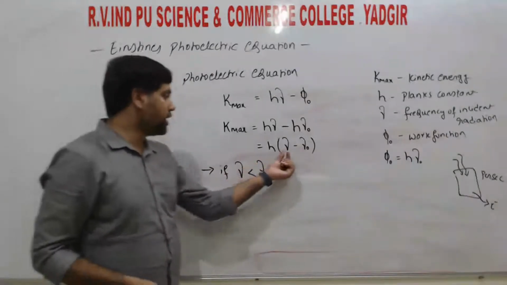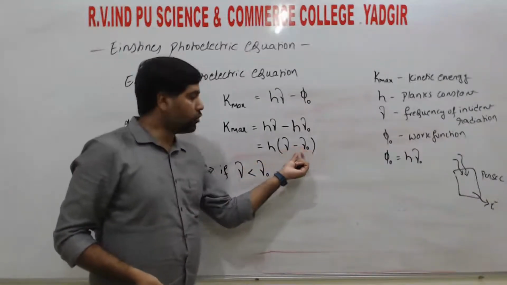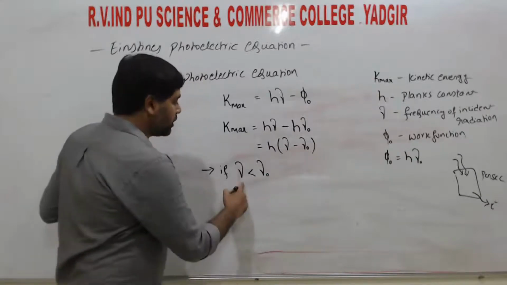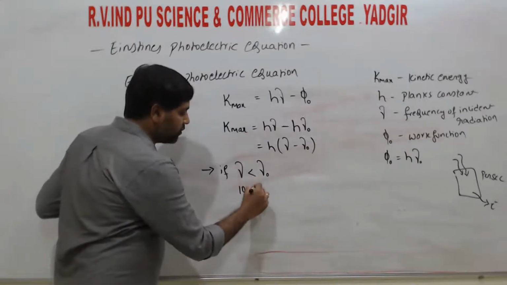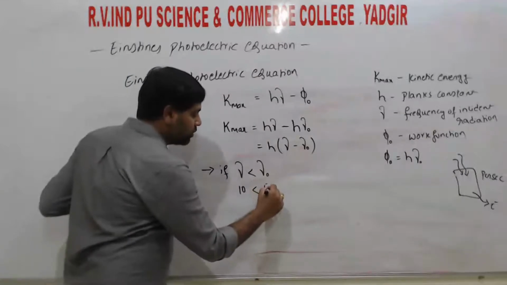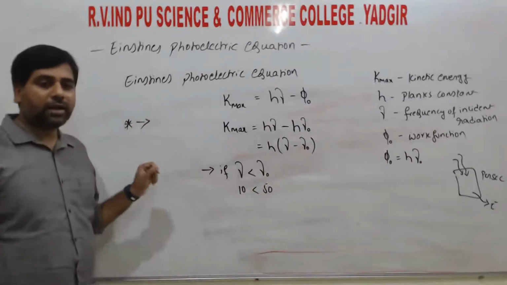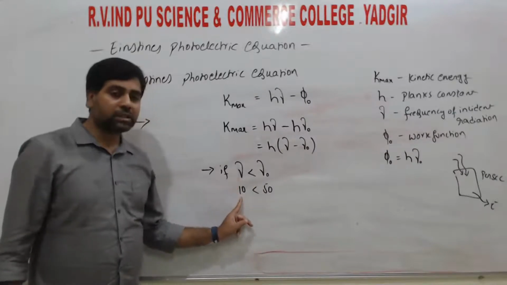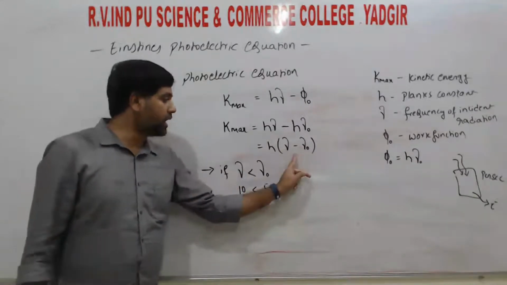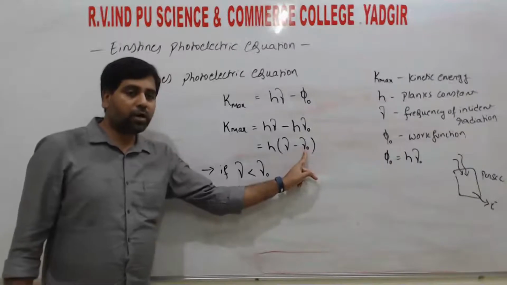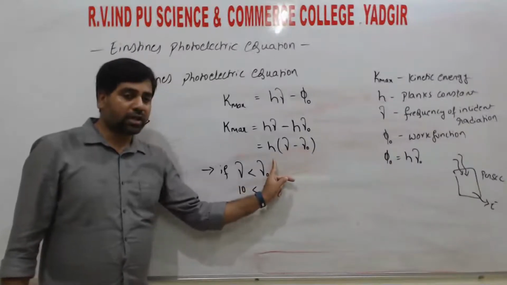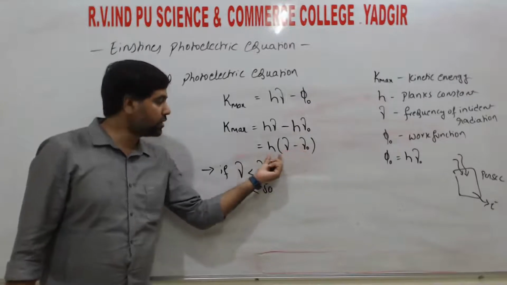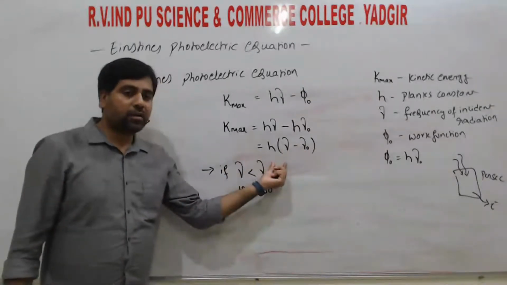If we observe here nu minus nu naught, if nu is less than nu naught, for example the frequency nu is 10, which is less than nu naught, which is 50, right? So considering nu naught as 50 and nu as 10, if we substitute 10 minus 50, we get minus 40, that is a negative value, so the kinetic energy is negative.